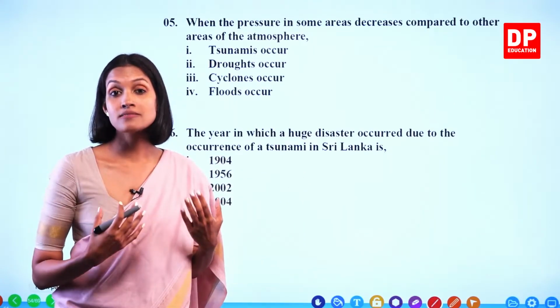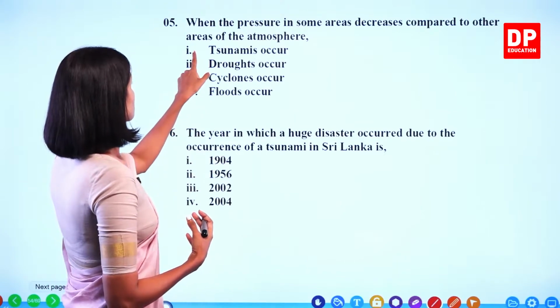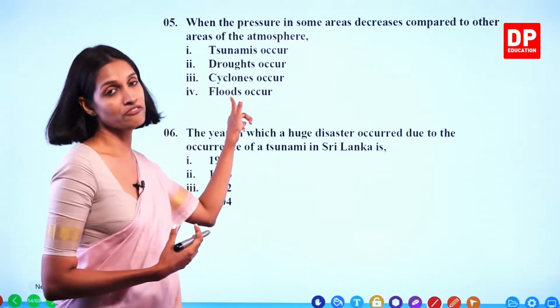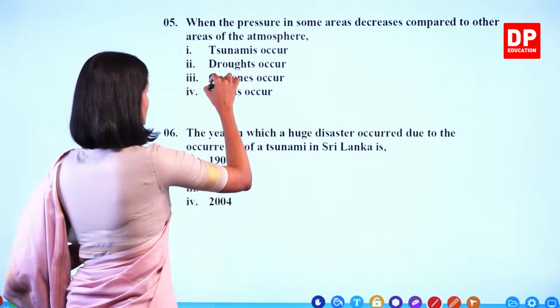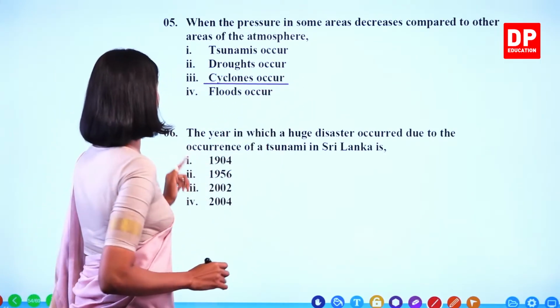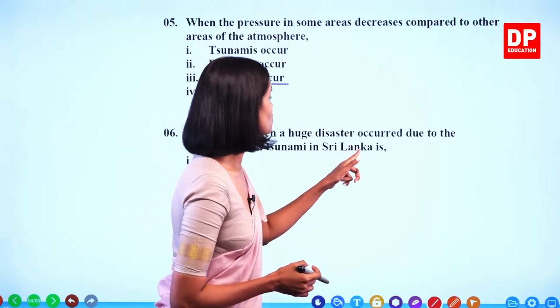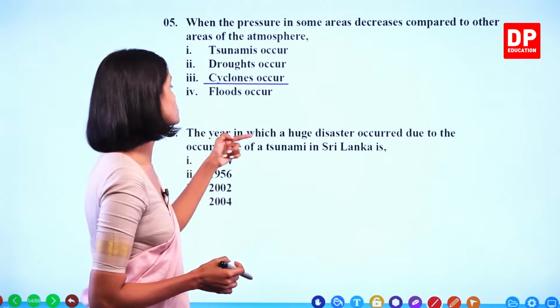This is known as a cyclone. Okay? So tsunamis occur, droughts occur, cyclones occur, floods occur. Answer: cyclones.